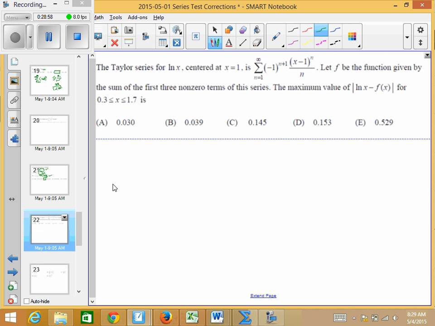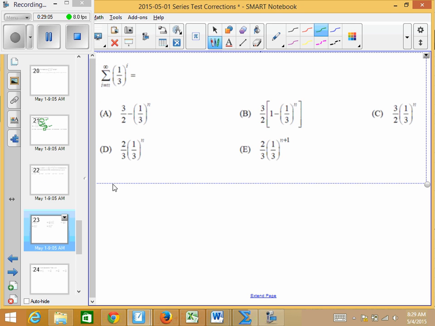This one's very good. I'm doing it again. We just did one kind of like this. This is another geometric series. That's a little weird though. And we want our first term.